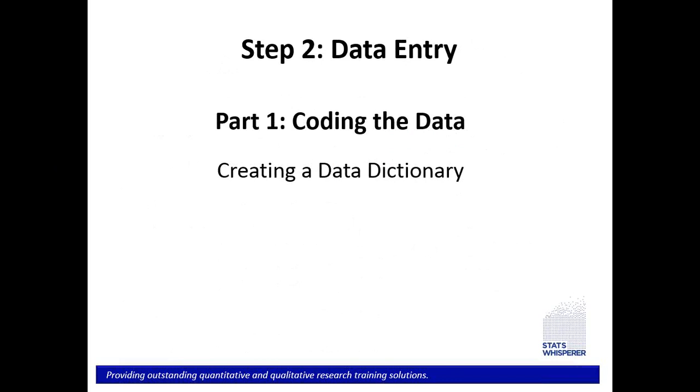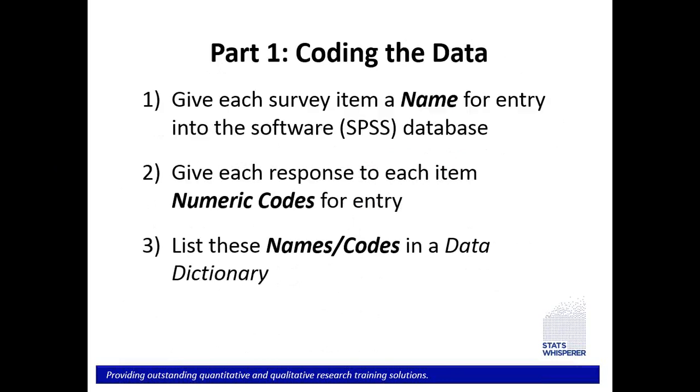Now, coding the data, creating the data dictionary. Step 2, data entry. Here we go. Part 1, coding the data. Now, how can we code the data? So, as you see, the first step is we need to give each survey item a name for data entry. So the survey being the hard copies of our survey that we administer.